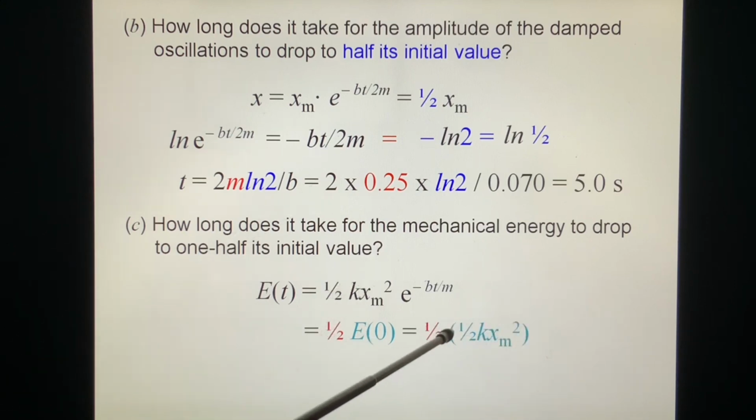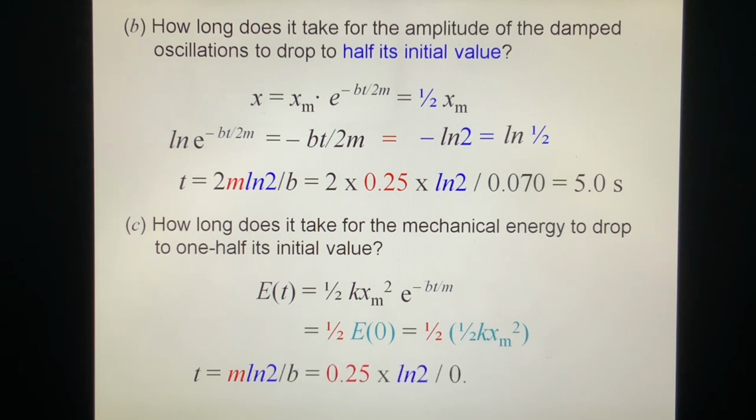Then we cancel the half k, cancel x_m, we do the log, and we can find t, similar to the previous one. That's it, only 2.5 seconds faster than the amplitude deteriorates.